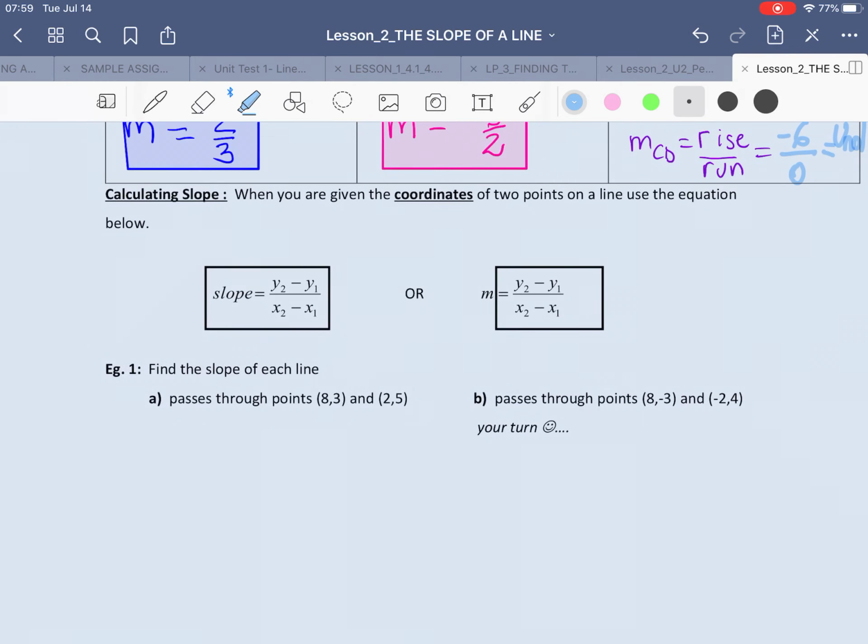So now that we know how to find the slope of a line from its graph, we are going to look at an algebraic way of finding the slope of a line, which will be the case in most of our questions. So to find the slope of the given line, I first write the coordinates of the 2 points. And I like to write the coordinates right below each other. And I'll tell you why.